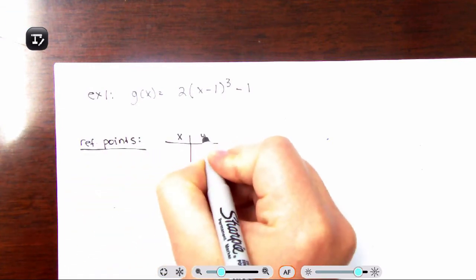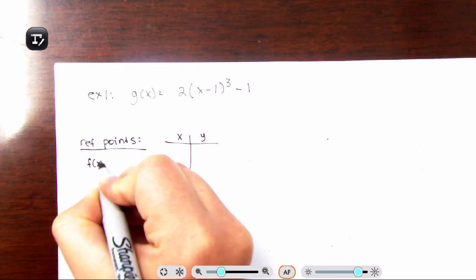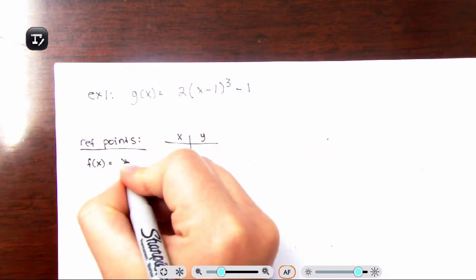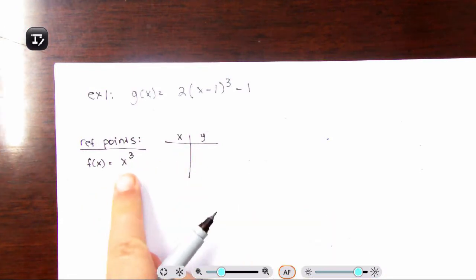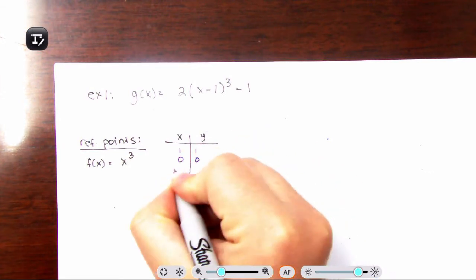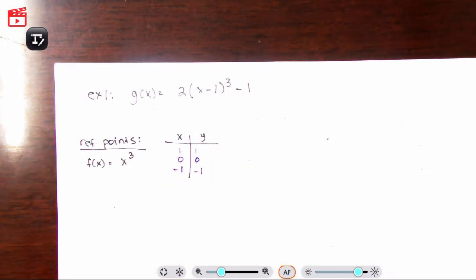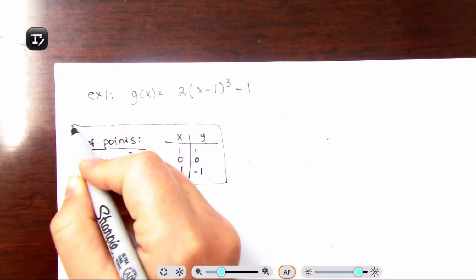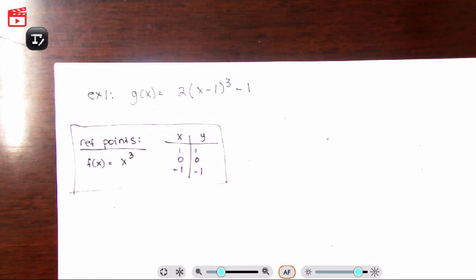Now, if you don't remember your reference points, just know that your parent function for this right here, see the exponent of 3, that's cubic. So that means your parent is x cubed, and you can plug in pretty numbers in there to figure out what your reference points are. But it's going to be (1, 1), (0, 0), (negative 1, negative 1). That's your reference points. We're going to use the reference points to figure out what happened to them.